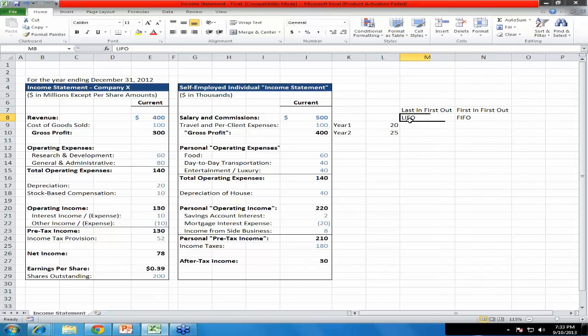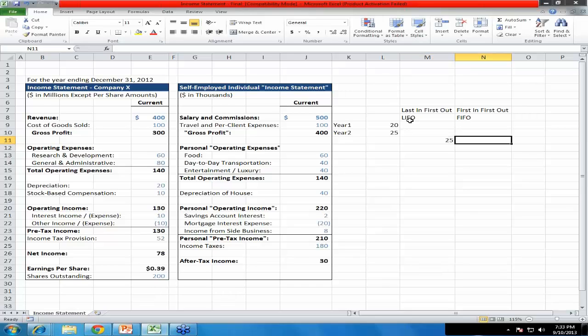Probably clearer for you: let's say in year 2, if I bought the product for $25 and I'm using the LIFO method, then the expense I'll use for this year will be the $25 allocation, because I'm saying whatever I brought in later is going to be utilized first.